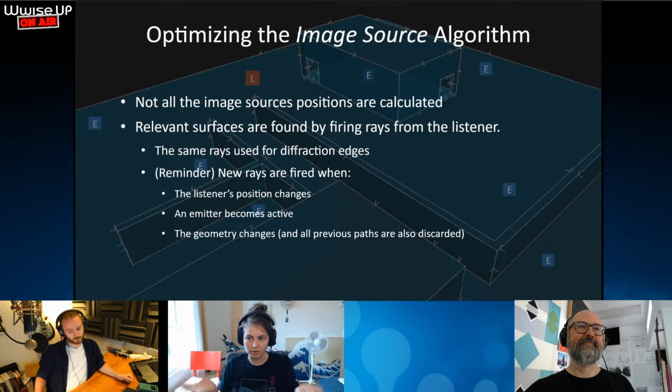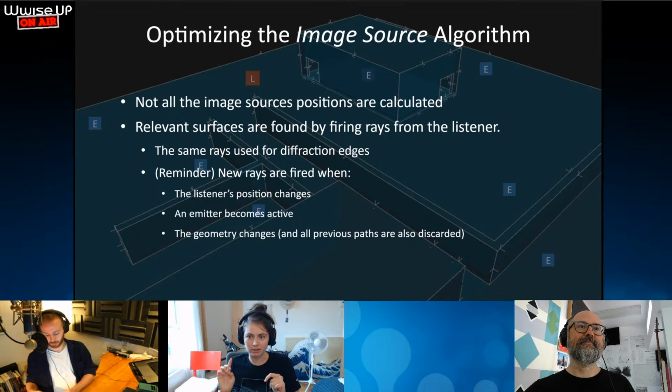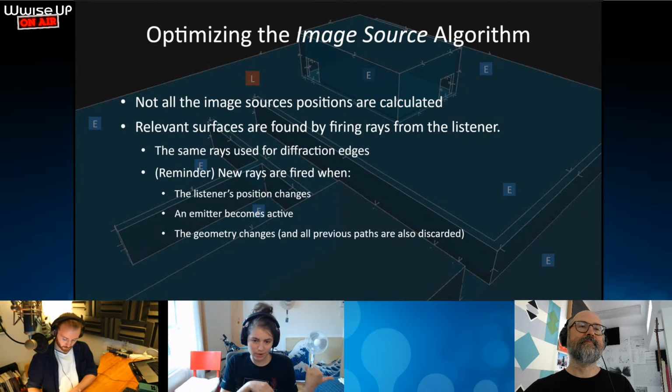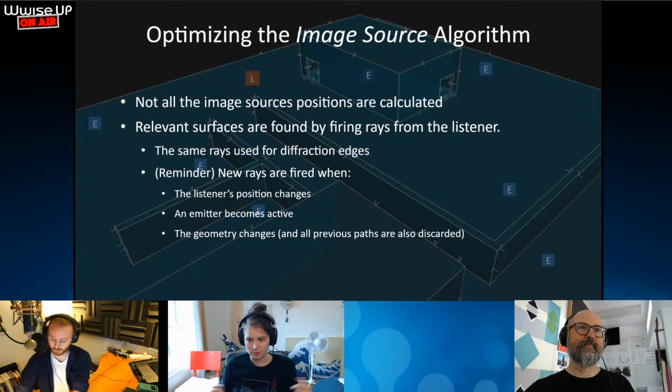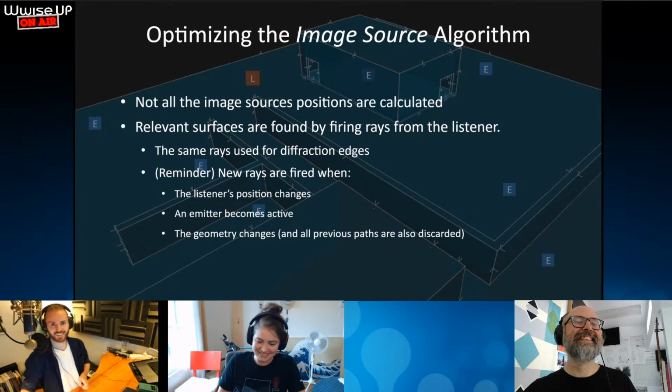So we don't do it on all of them. It depends on the listener position and the emitter position, and then we fire rays. It's the same rays that we fired for diffraction, but we also use them to calculate the image sources. So yeah, that's it. This is my presentation.